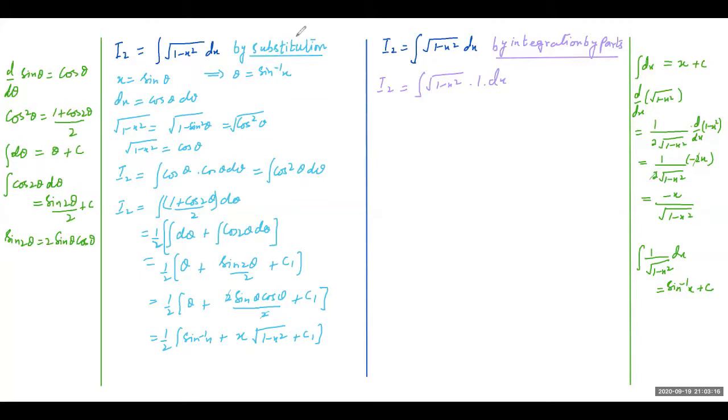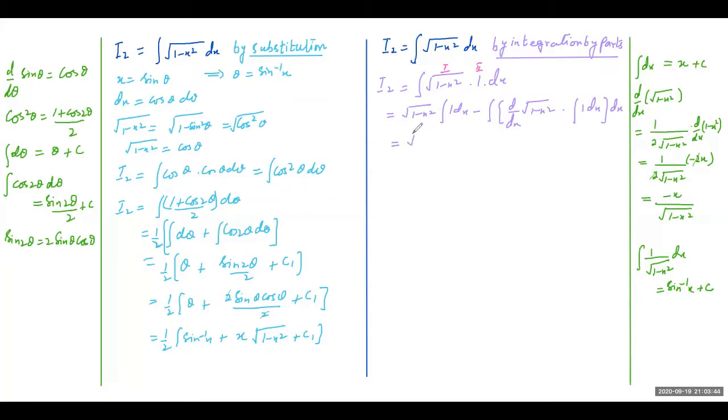Perform integration by parts by using this as the first function and this as the second function, and you will get integral I2 is equal to first function constant, integral of second, minus integral, bracket starts, d by dx, derivative of square root of 1 minus x square into the same integral, bracket close, and we have a dx.